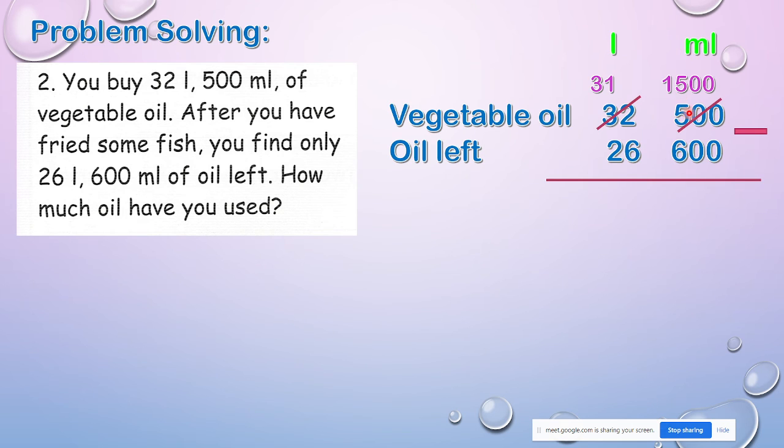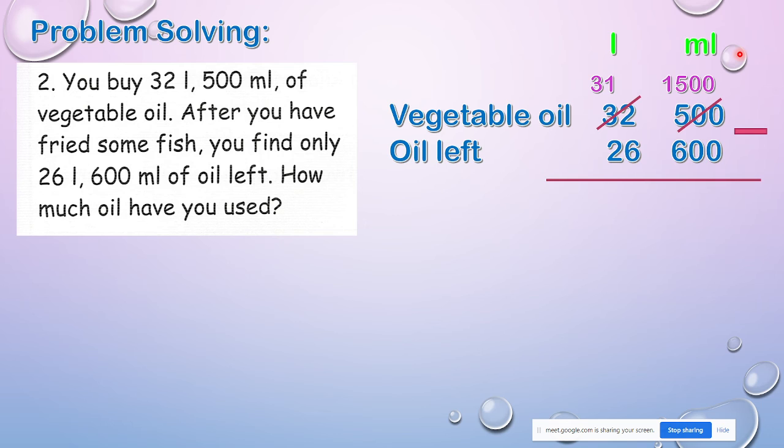That's why this 500 will become 1,500 now. Remember, when you borrow from liters, it will become 1,000 when it goes to milliliters. So 1,500 minus 600 will be 900 milliliters.